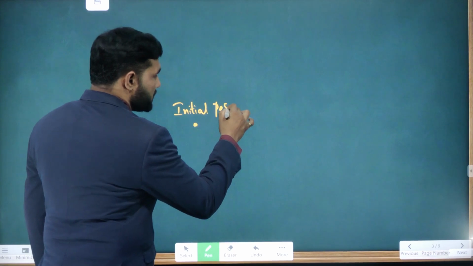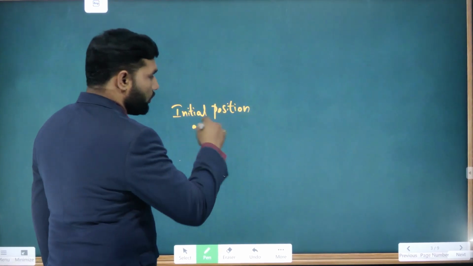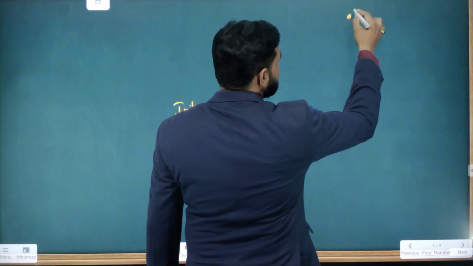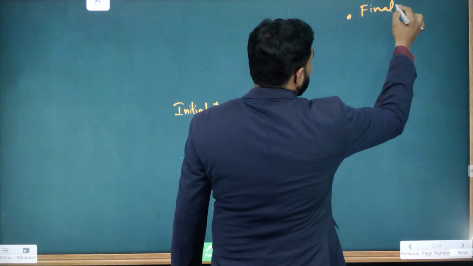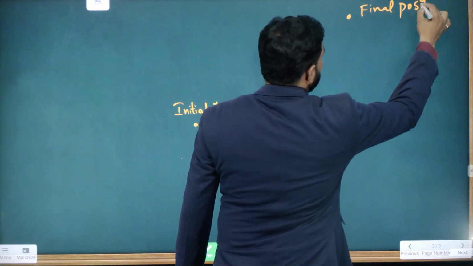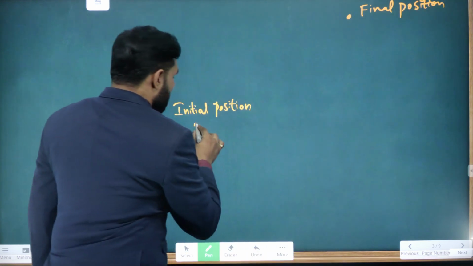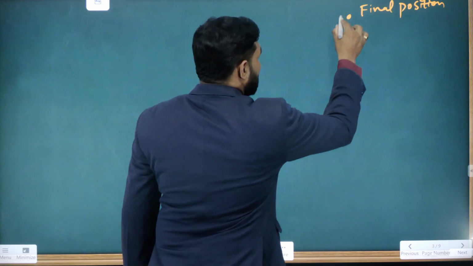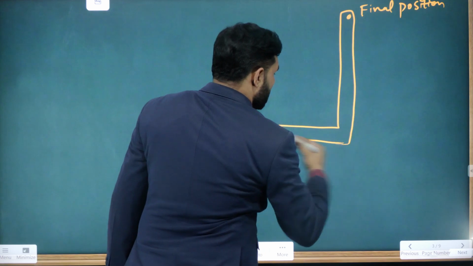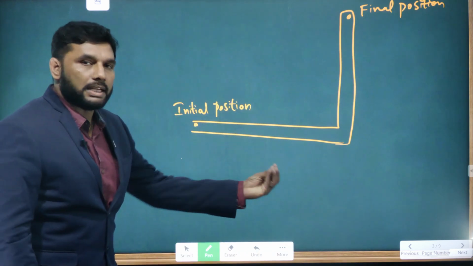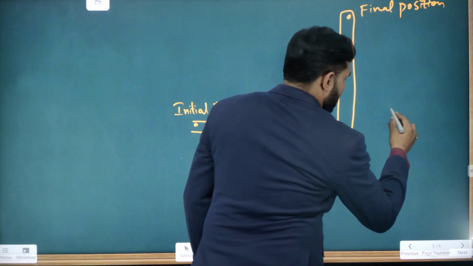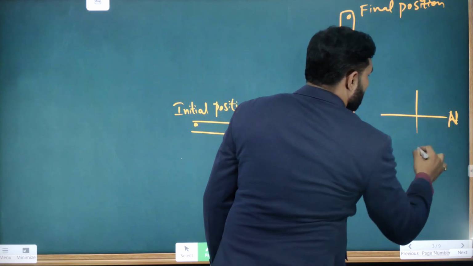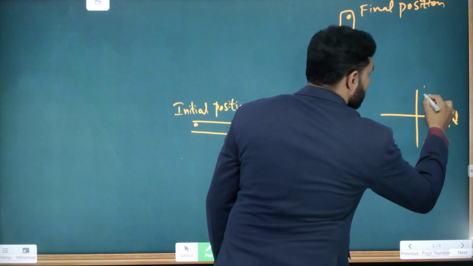From the initial position, you are directing him to come to a final position somewhere over here. This is the final position, and this is the path available. If I want to mention it in terms of directions, this is north, and this is east and west.